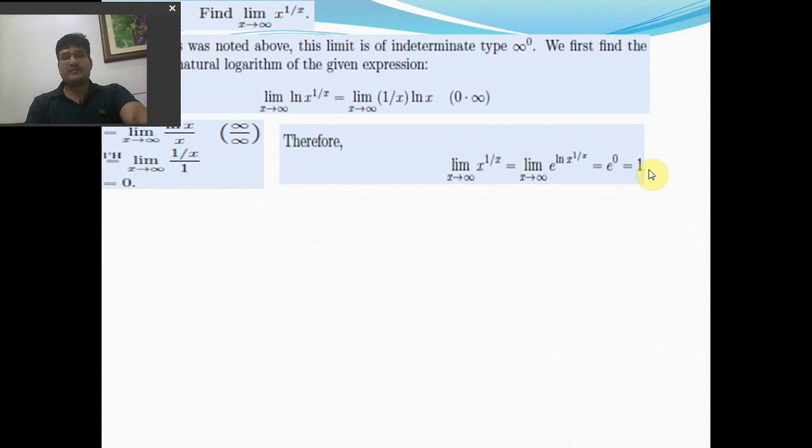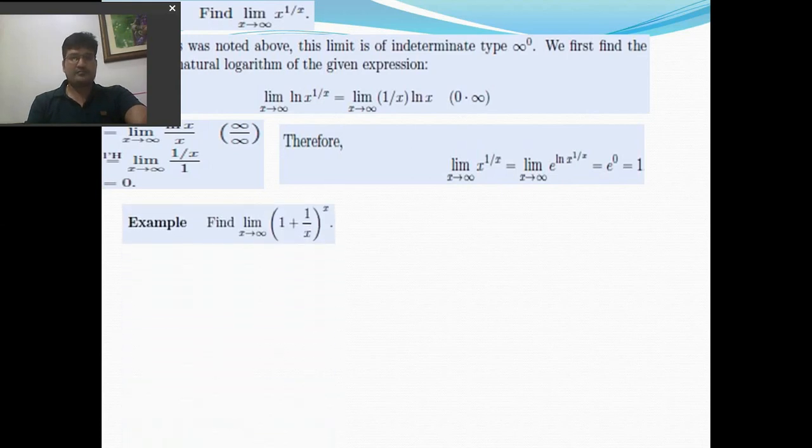So the finite answer is 1. So guys, here the indeterminate form was of the type infinity raised to the power 0, and we converted this into infinity by infinity form so that we can apply the L'Hopital rule.